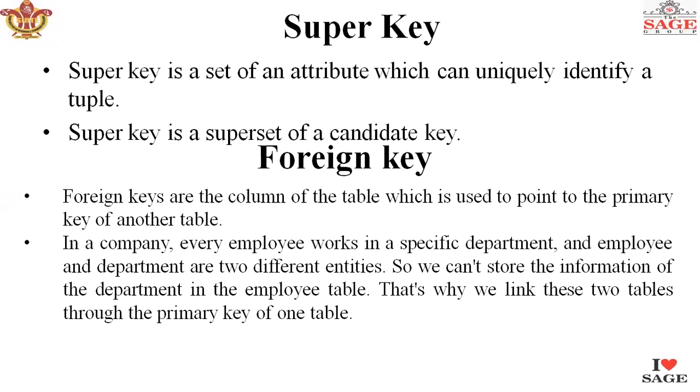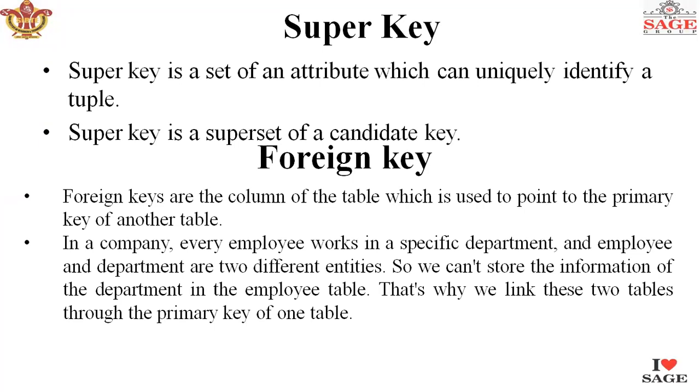In the continuation of that, we'll discuss the foreign key. Here is the definition. Foreign keys are columns of a table which are used to point to the primary key of another table. For example, in a company, every employee works in a specific department, and employee and department are two different entities. So we can't store the information of the department in the employee table.